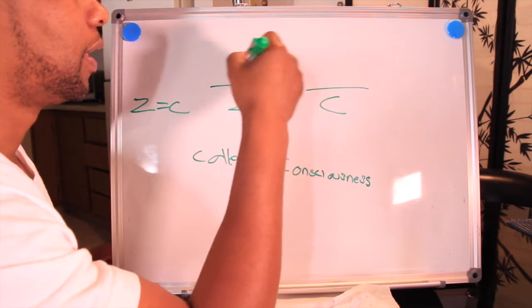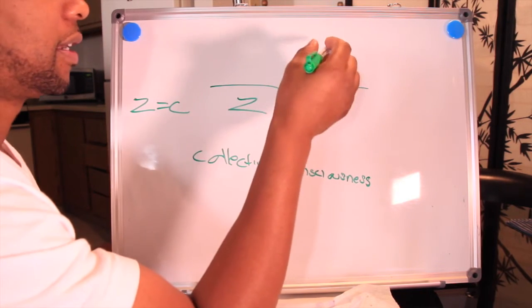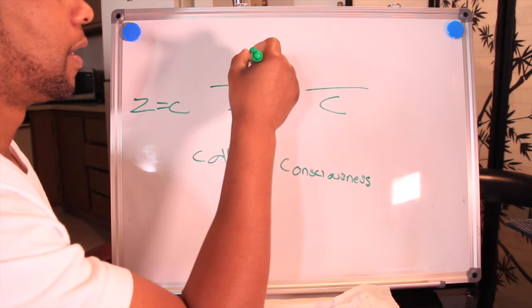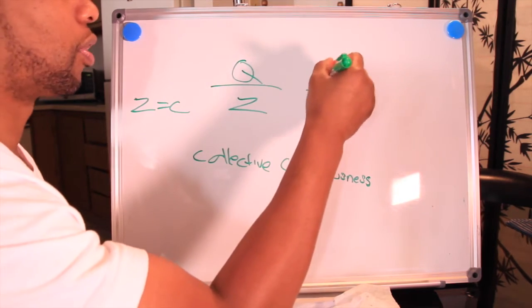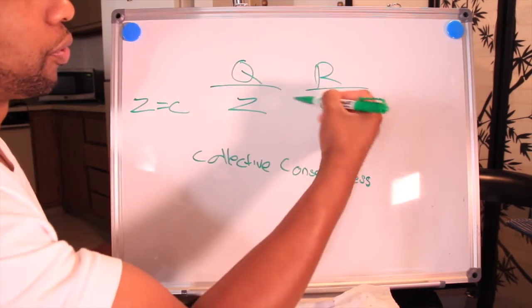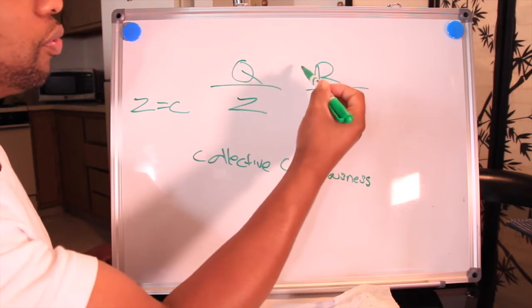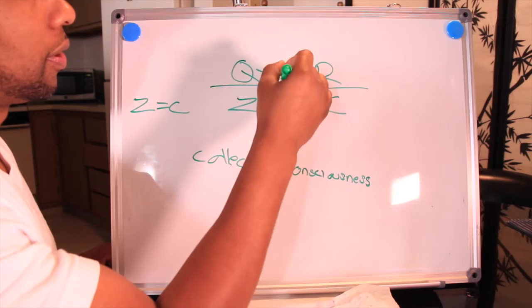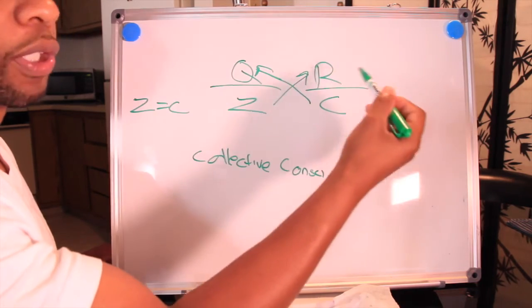So if this was a new set, we'll say this was Q and this was R, then you would use your common denominators to cross-reference to figure out what Q and R is.